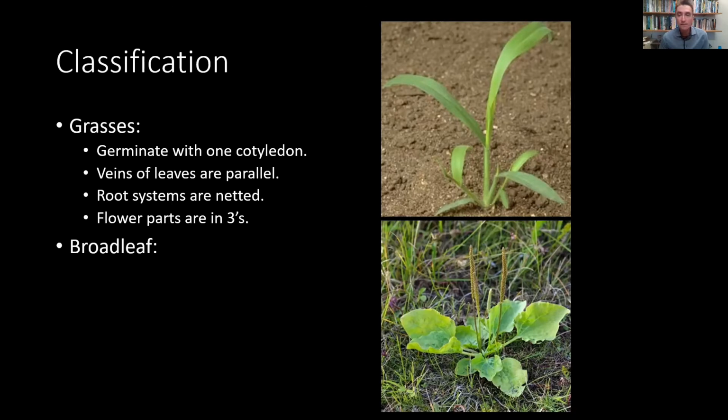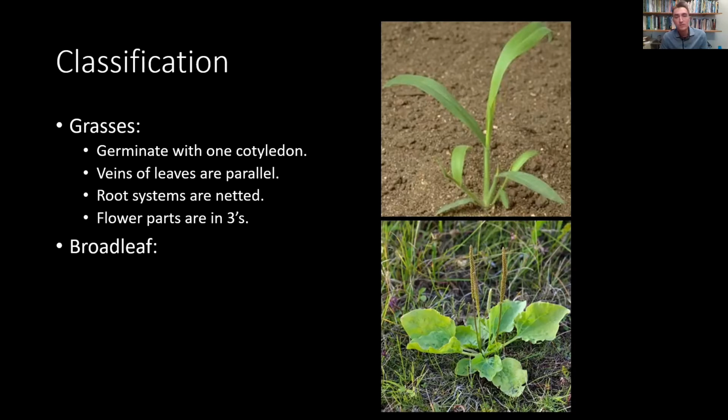In addition to having a single seed leaf or cotyledon, monocots or grasses generally have veins of leaves parallel, meaning they typically run vertical along the blade of the grass in the same direction or orientation as the leaf.